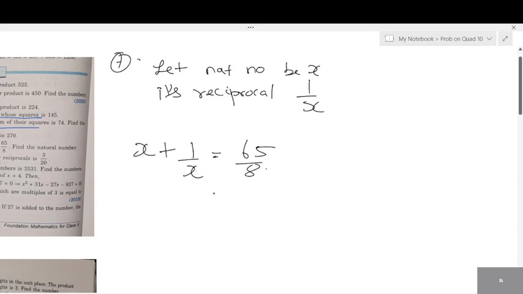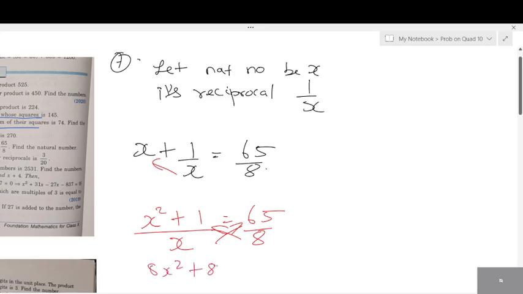Okay. So let natural number be x. Its reciprocal be 1 by x. Take LCM, x square plus 1 by x is equals to 65 by 8. Cross multiply. 8x square plus 8 is equals to 65x.